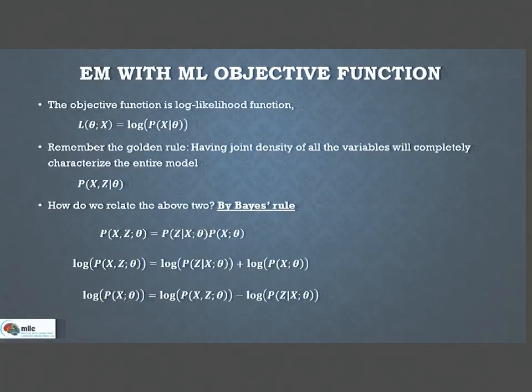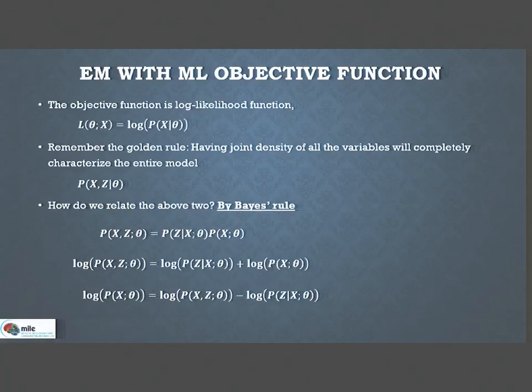And we have seen that the logarithm of the joint density of the data is nothing but the likelihood. I told you before that whatever hidden variables and random variables you have for the experiment, if we can get the joint density of all the random variables, then that will completely characterize the entire model or the entire experiment. Okay.